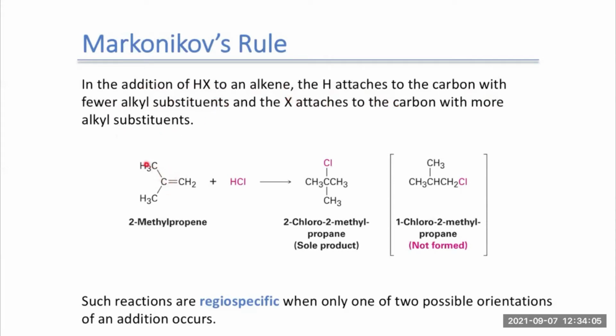Which means if we take 2-methylpropene and I react it with HCl, I'm going to get only 2-chloro-2-methylpropane. I'll never get 1-chloro-2-methylpropane. Reactions like this are also called regiospecific reactions, and that's where only one of two or more possible orientations is formed.